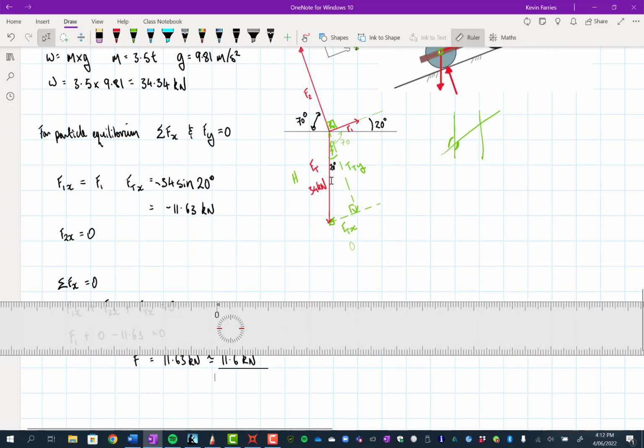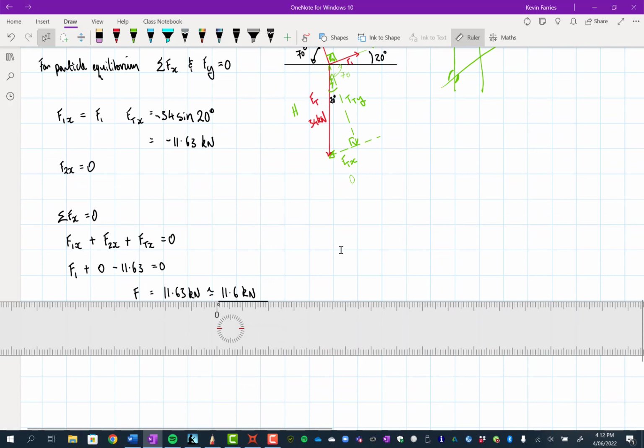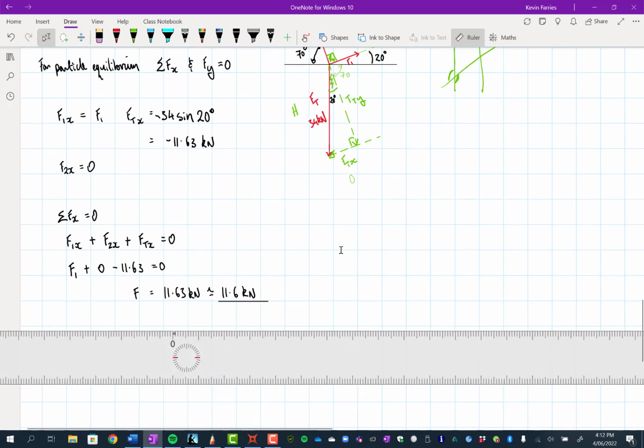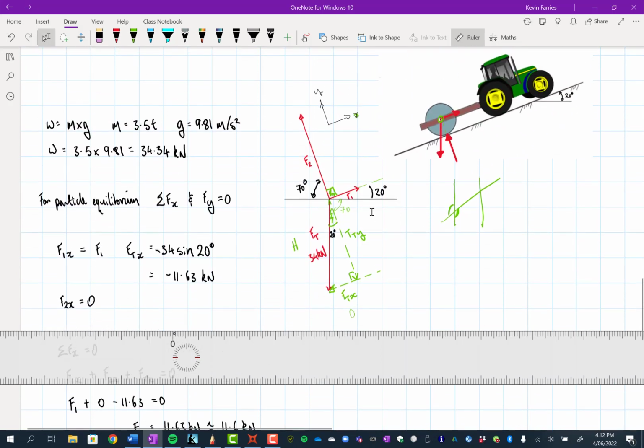Yep, 12 kilonewtons, so we're pretty close. Why does that help us? Because we've now finished this problem. It just asked us for the force in the tow bar, which is F1, so we don't even need to worry about Y components. That came out more quickly because we lined up those X and Y axes.